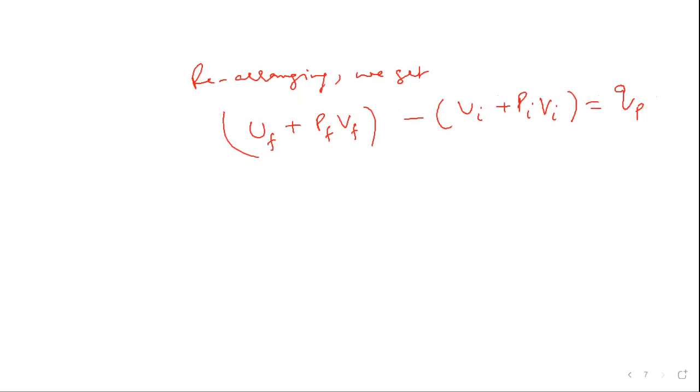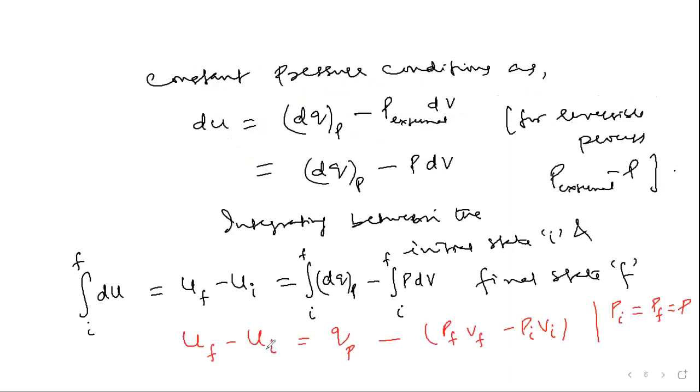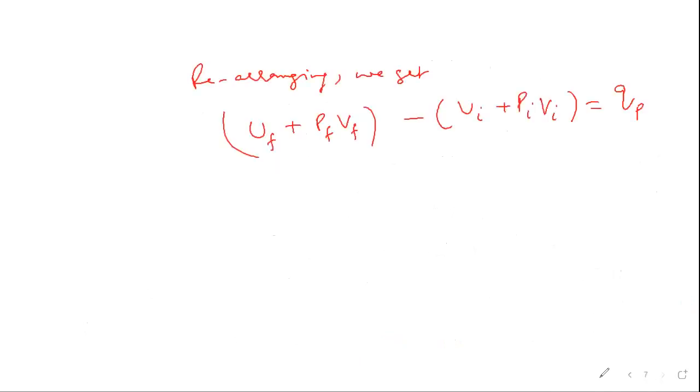See how the term minus PF VF on the right hand side goes to the left hand side and becomes plus PF VF. So we have UF plus PF VF on the left hand side.